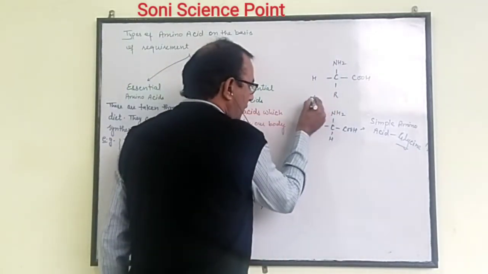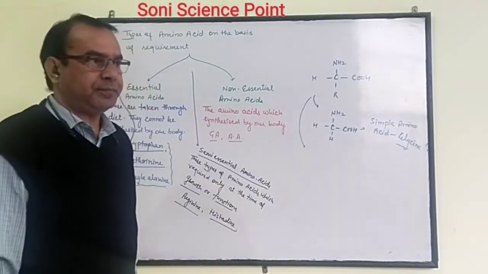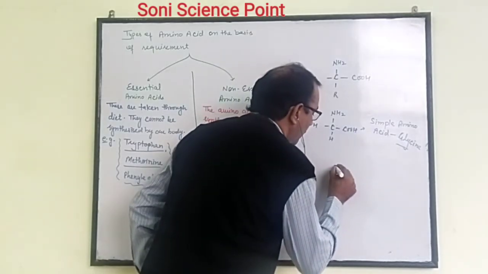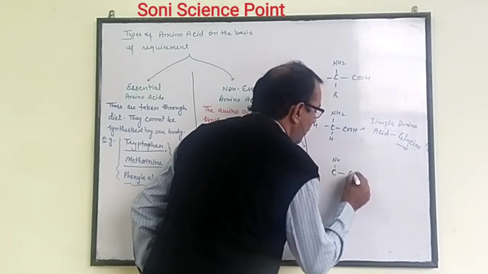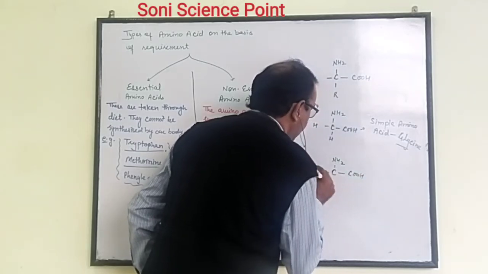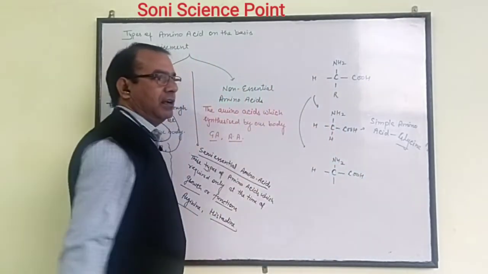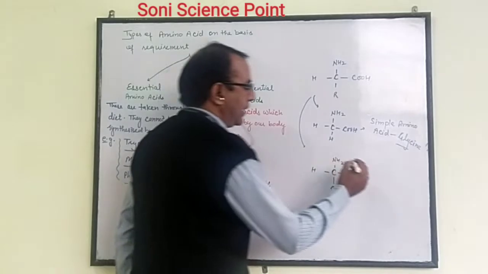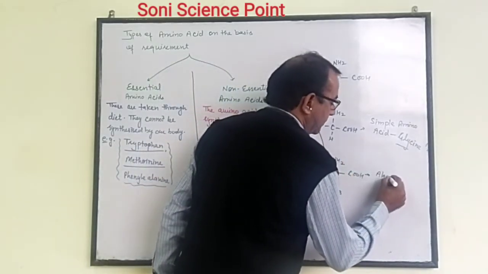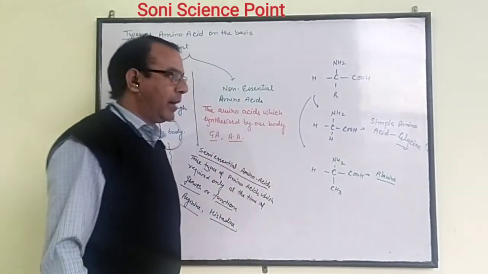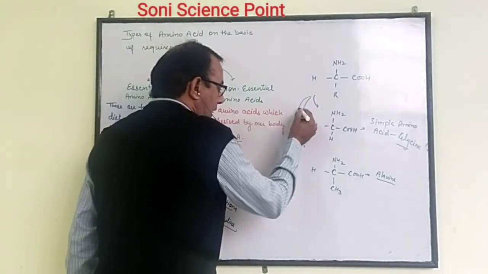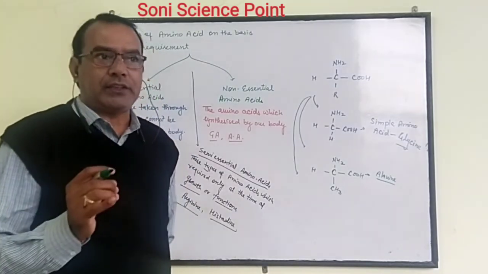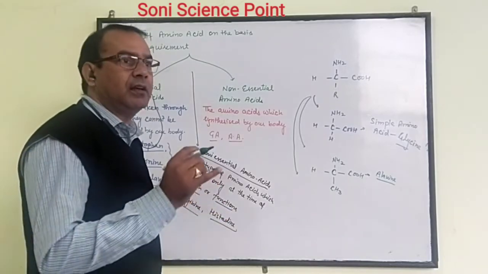But in place of this R factor, if it is attached with a methyl group, with one carbon attached to an amino group on one side, a carboxylic group on another, and H on one side, this type of amino acid is known as alanine. And when at position R it is attached with CH2OH, then that amino acid is called serine.